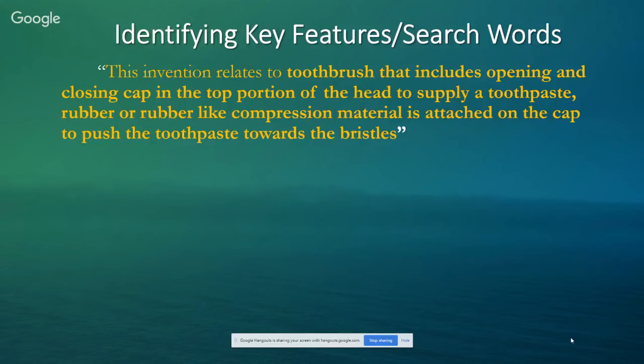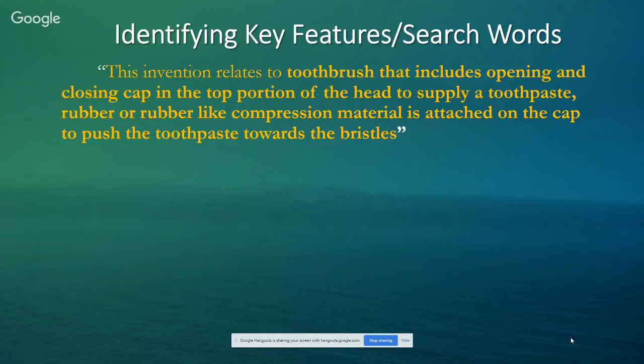And here the key features can be looked at as a problem solution approach. So you have to constantly ask yourself the question: what problem is the invention solving and how is it solving it? That will throw you a lot of information about the search words or the keywords that you are planning to extract from the discussion.